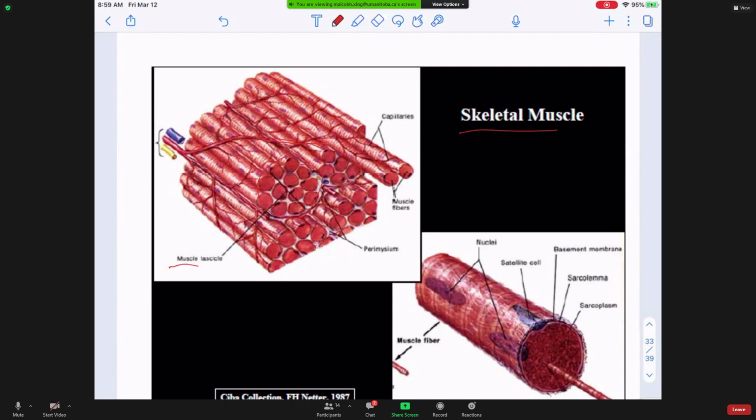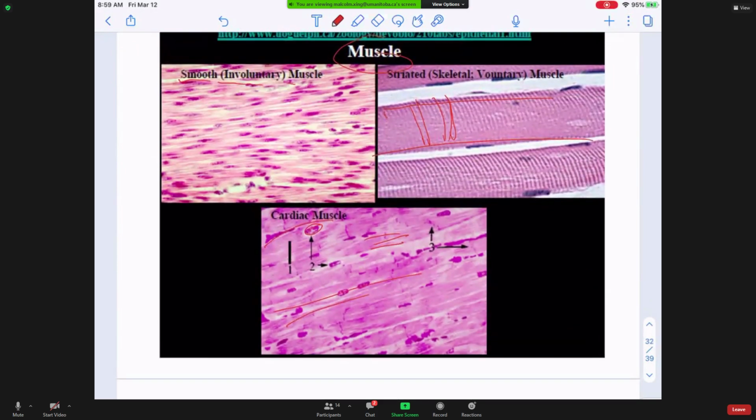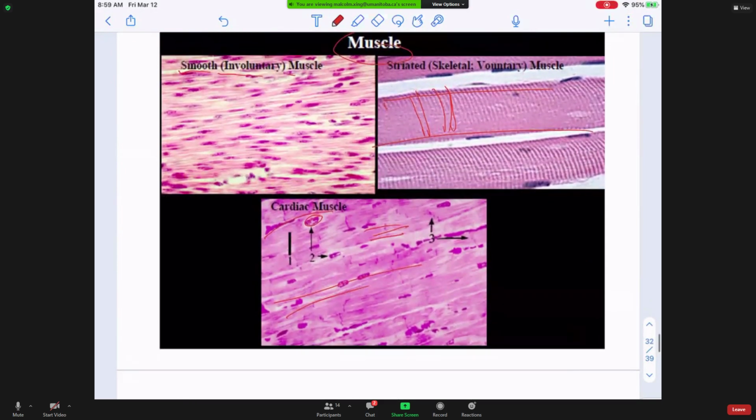Question. Yes. What's the difference between striated muscle and the regular smooth unstriped muscle? This one, regular smooth muscle? You will see this one has a specific pattern. This one has none. General smooth muscle has no specific pattern, while the striated pattern provides more contraction force.